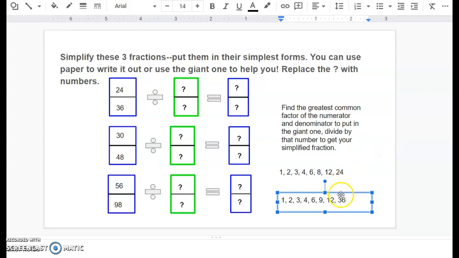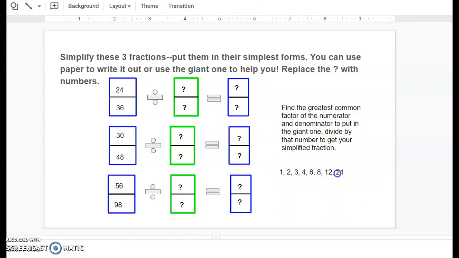So if I look at these, 12 is in both. So maybe I want to put 12 in my giant 1, and then I would divide to see what I get as my simplest fraction. You'll do that for all 3 of these.